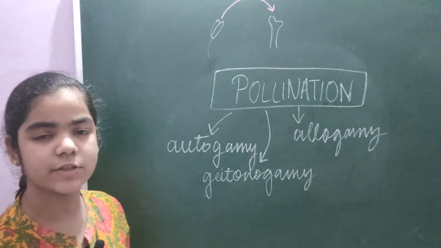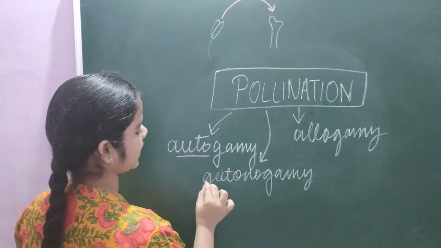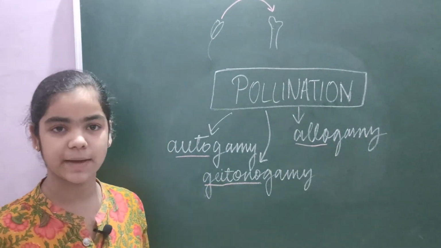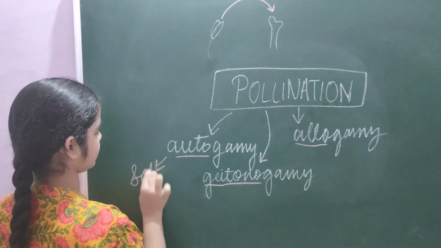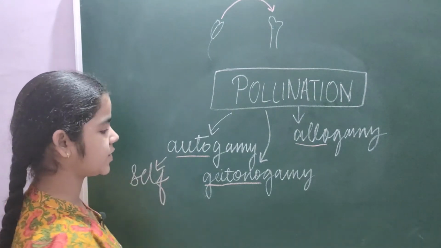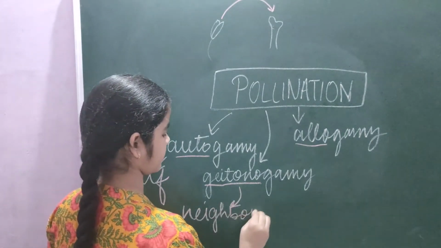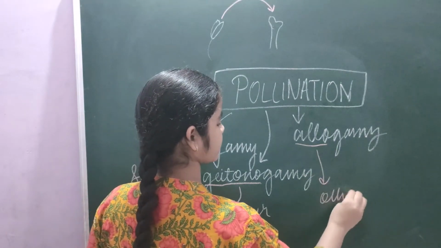Now on the board you can see three terms: autogamy, geitonogamy and allogamy. What does it mean by auto? You know that auto means self, geitono means neighboring, and allo means other.